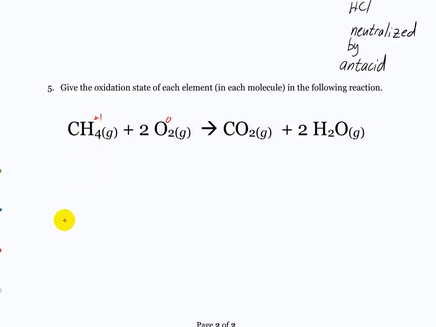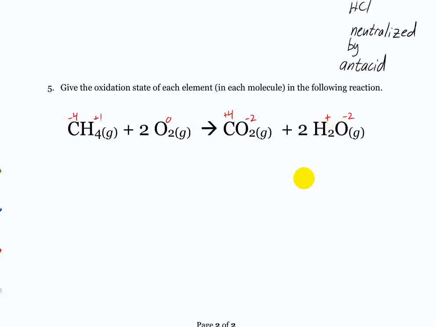And what must the oxidation state of carbon be? -4, right. And what about oxygen over here? -2, and carbon +4. And then the oxygen here, -2, and the hydrogen +1.